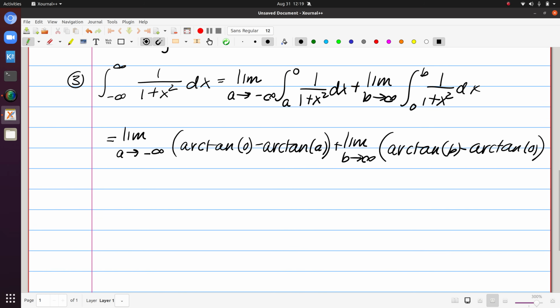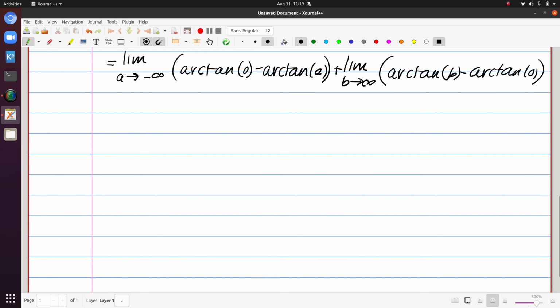So to think of these limits, I'm going to leave a little space to put my answer. But thinking about my limits, if I'm looking for the value of arctangent of b as b approaches infinity, thinking of the relationship between tangent and arctangent, they're inverse functions.